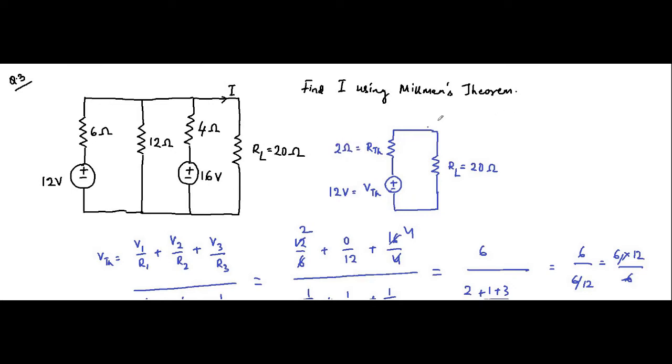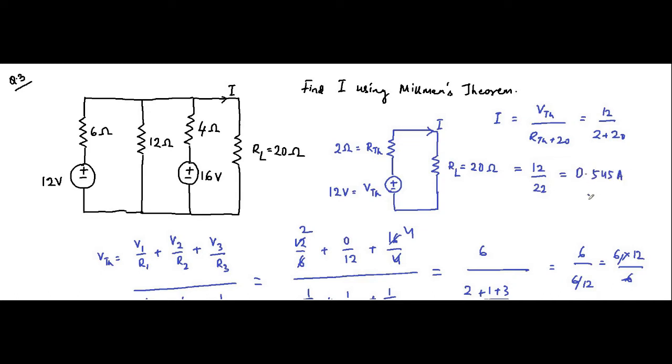So this current I will be VTH by RTH plus 20, which is 12 by 2 plus 20, equal to 12 by 22, that is coming around 0.545 ampere.